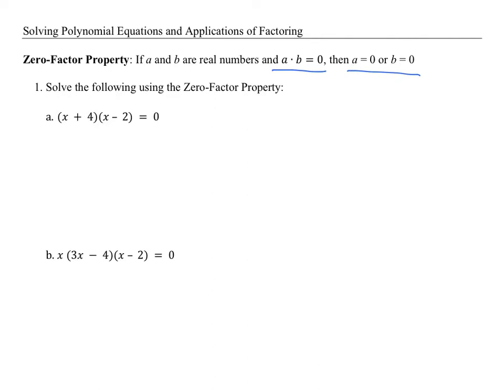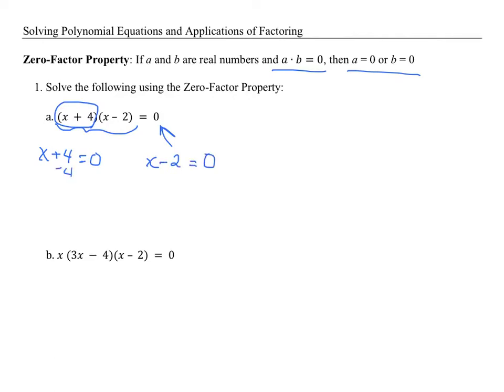Here's the first one. So the first thing you need to make sure of is it's set equal to 0. And in this case, yay, we have it. And the second thing you have to make sure is, is this factored? And it is. So I have two factors. X plus 4 is the first one. So either x plus 4 is equal to 0 or x minus 2 is equal to 0.